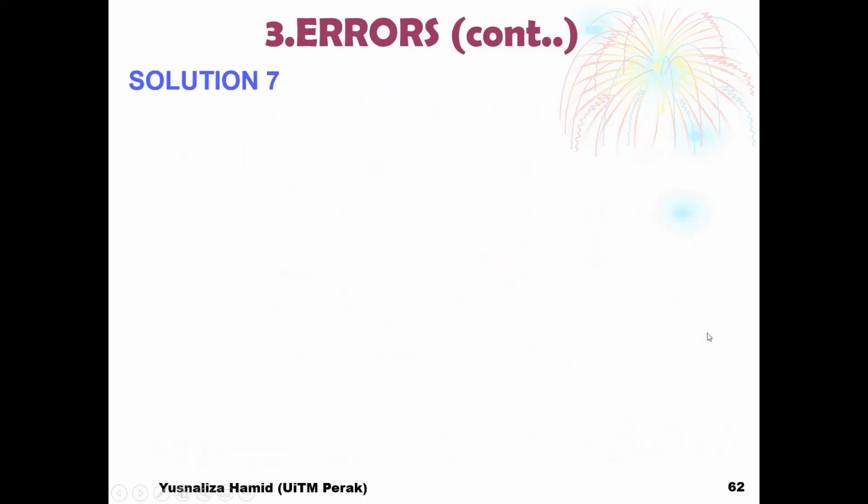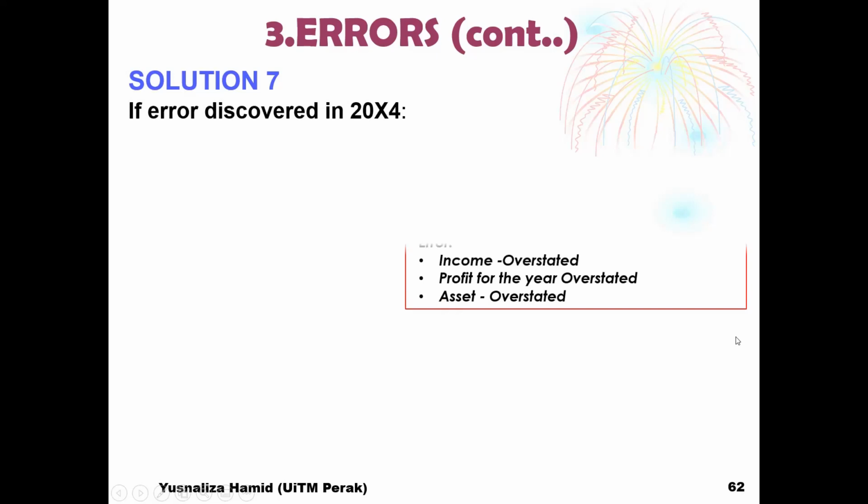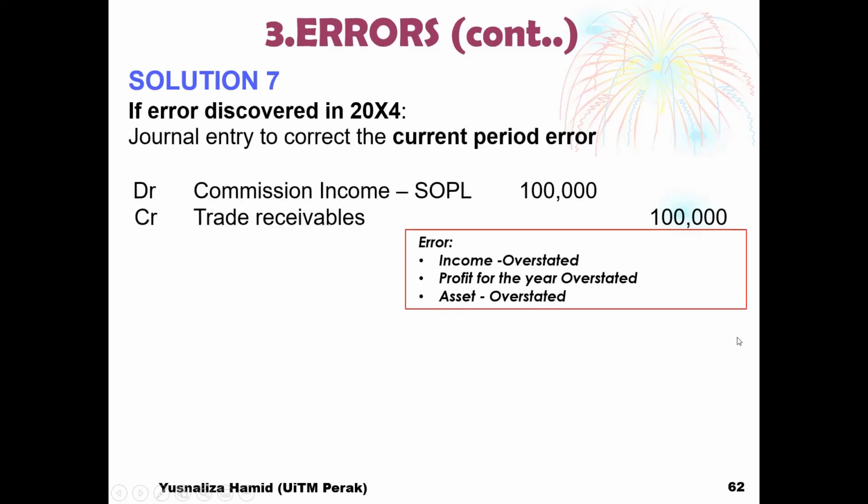So that is going to be shown in the form of a ledger here. You have the assumption that the error was discovered in the current period, and let's say 20x4 is the current period.